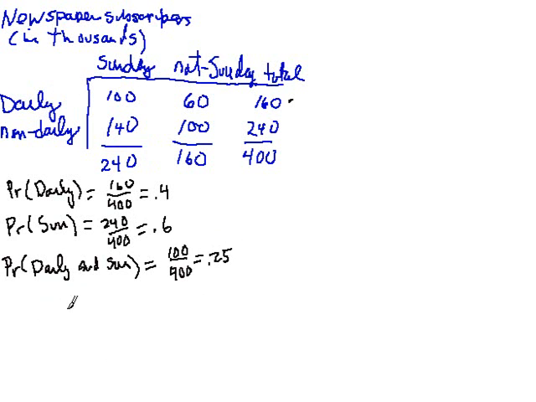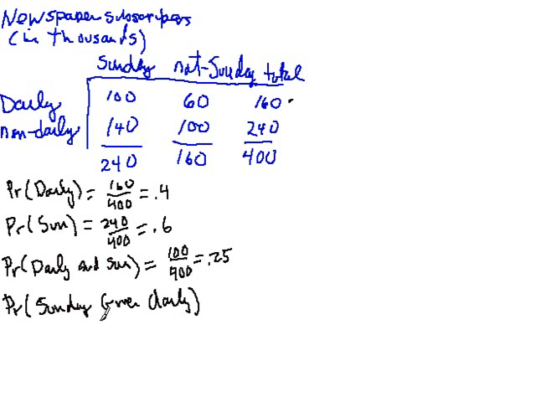But now let's add some information. In other words, let's look at the probability, or the percentage, of households which take the Sunday paper, given they take the daily.